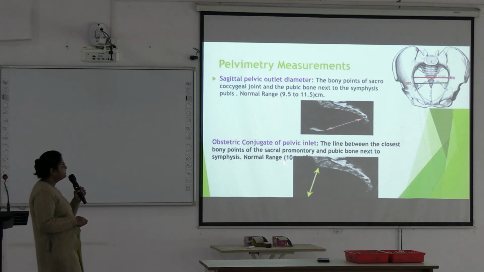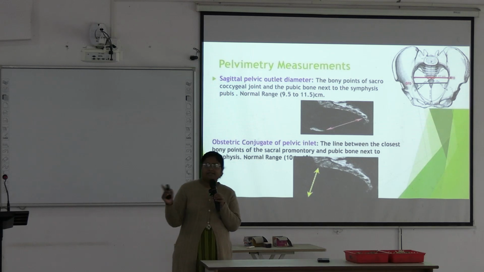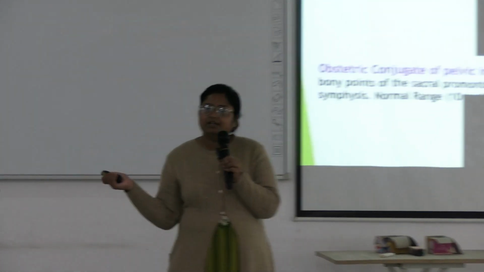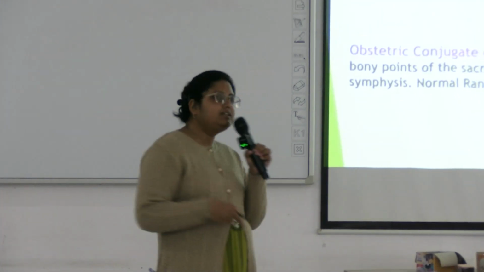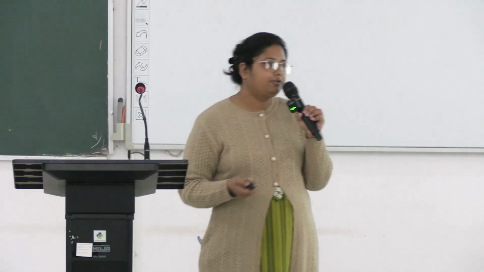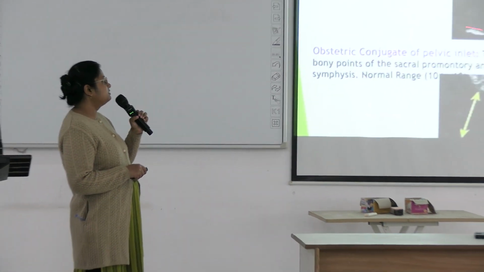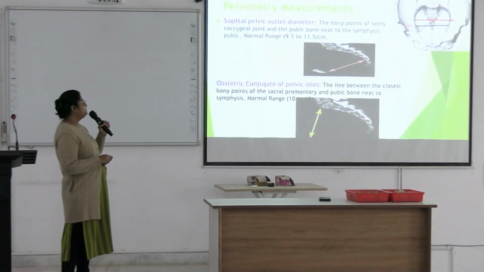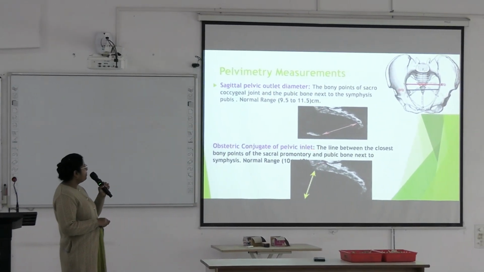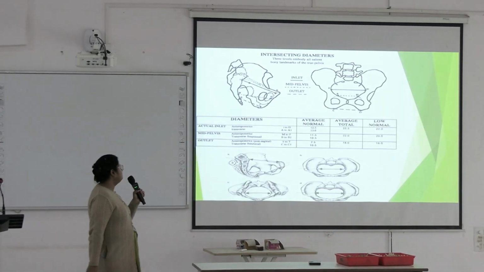Normal range is 10 to 12 centimeters. In per vaginal examination, you can measure this obstetric conjugate, and from it you can determine whether cephalopelvic disproportion is present or not. It is measured from the lower margin of the symphysis pubis up to the upper margin of the sacral promontory. So this diameter is the obstetric conjugate of the pelvic inlet. Okay, understood? Next.